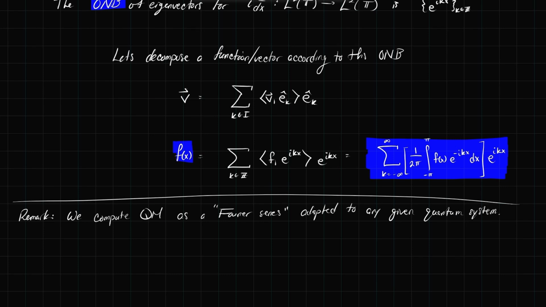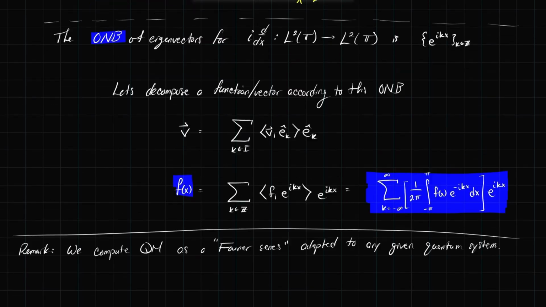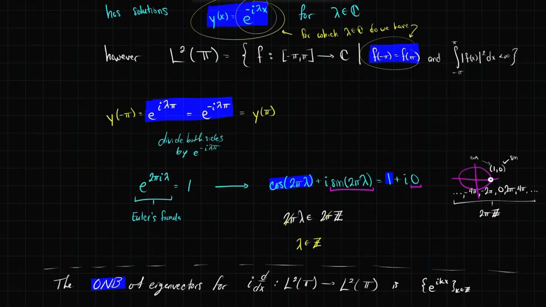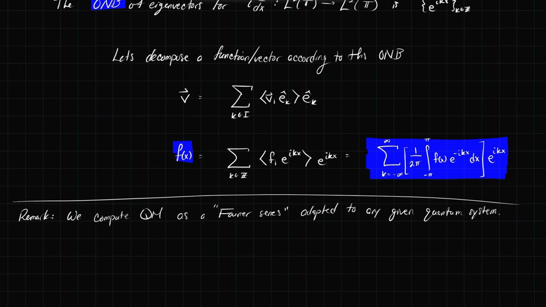That's really what happens when we solve quantum mechanical problems: we're computing a specific Fourier series for the Hermitian operator in the Schrodinger equation. And then we're using that to decompose our states into, look at that, a superposition. We decompose our states into superpositions of basis elements, which are the pure states.